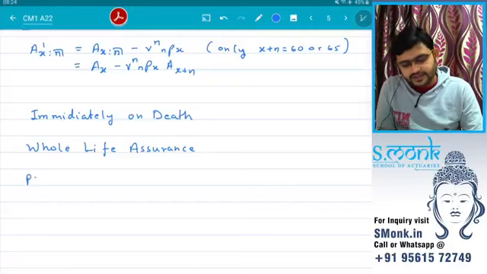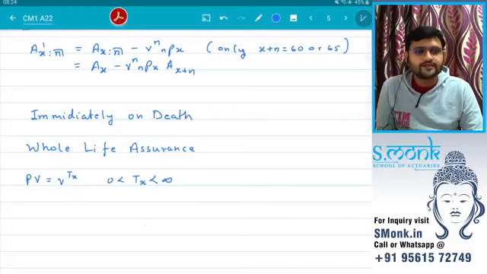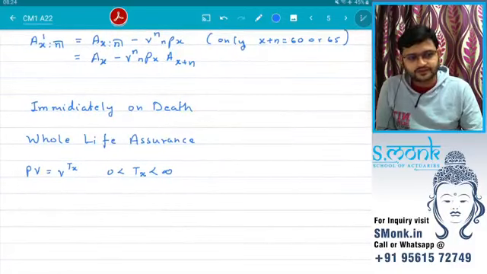So here we'll say our present value will be equal to v raised to Tx, where Tx can be anywhere between 0 to infinity. Immediately on death the payment was given, so we'll discount it to 0 and that becomes our present value.